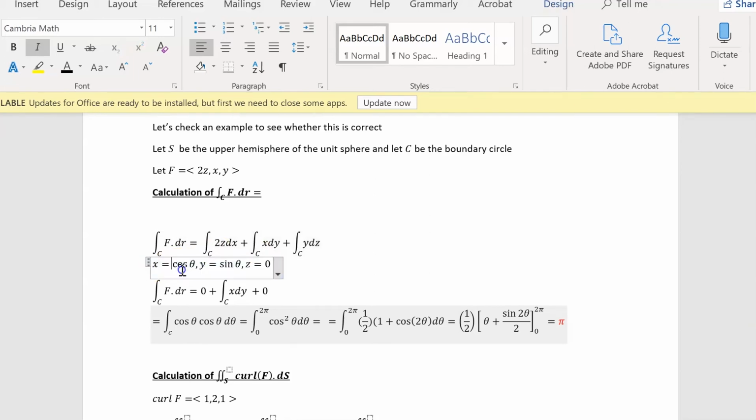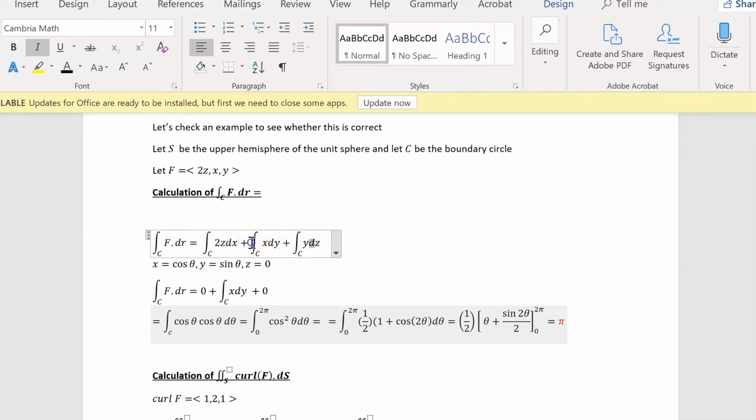We can just parameterize it using x equals cosine theta and y equals sine theta, the polar coordinates. And of course the circle is on the xy plane, so there is no z, so z is equal to 0. If you plug that in, since z is equal to 0, this part is 0, and because z is 0, dz is also 0, so this is also 0.